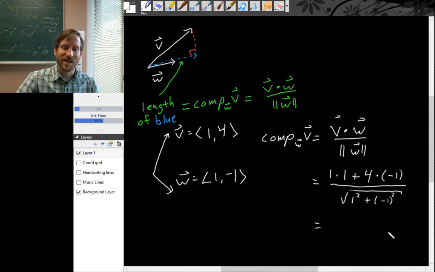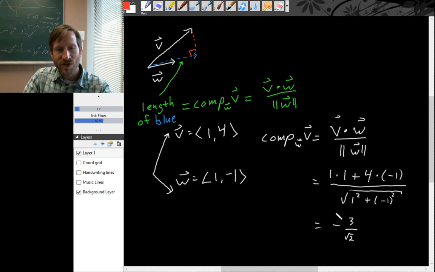When you work this all out, you get 1 minus 4, so -3 over square root of 2. So it seems odd at first that comp tells you the length of v in the direction of w, and we ended up with a negative.